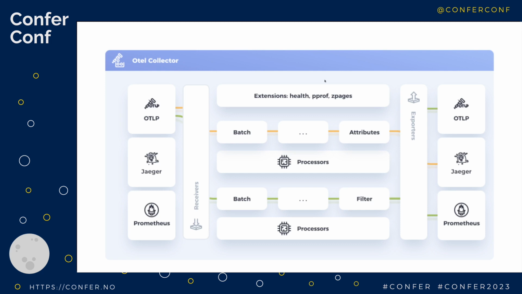So if you have something instrumented with Prometheus in your system, you can still send the data to something that just supports OTLP, because you have this thing that translates and adds some more information to your telemetry, and you don't have to change the full system, which is pretty nice, right?